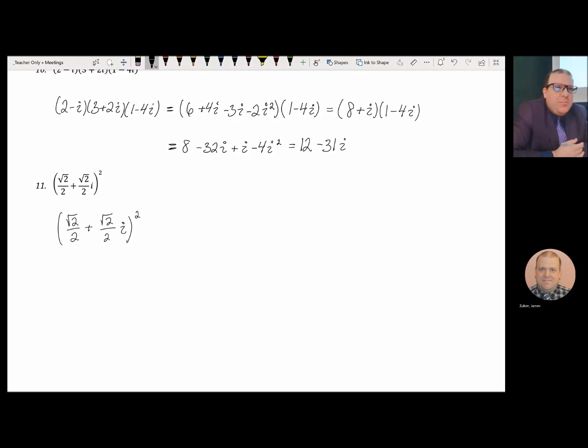Two ways to approach this problem. Could go ahead and just use the binomial theorem, or we could factor out that common factor of root 2 over 2. Doesn't matter. I'm just going to use binomial. Root 2 over 2 squared, a half.